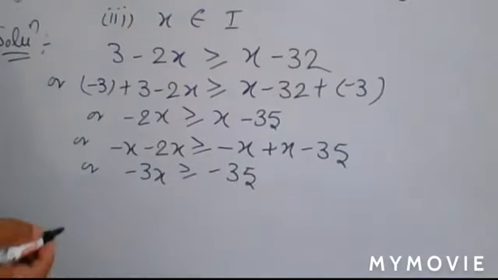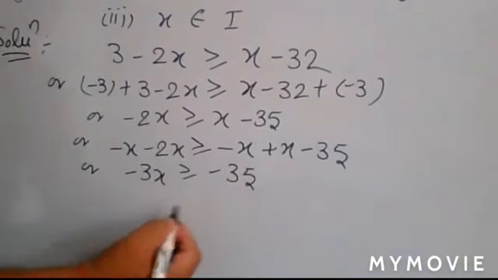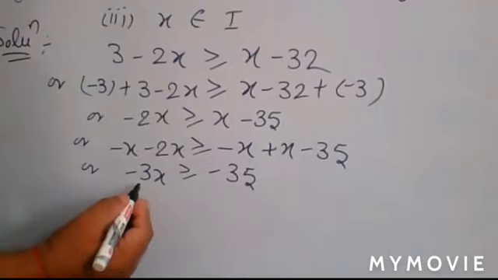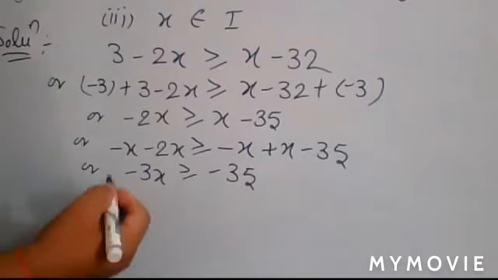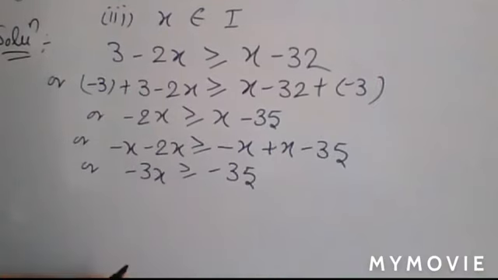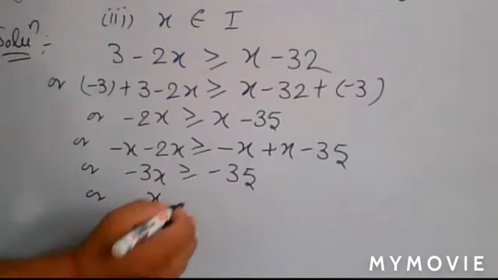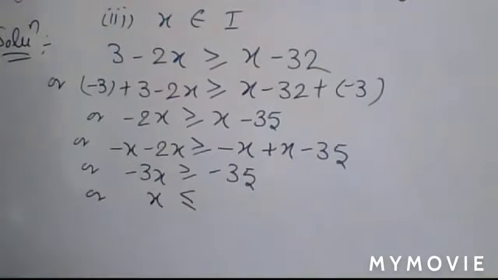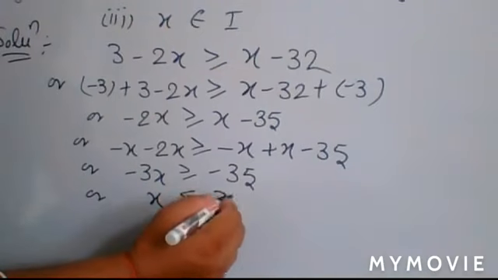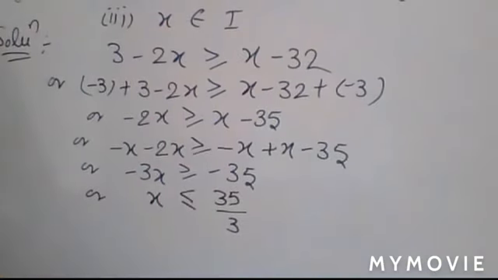After that, you divide both sides by -3. If you divide by a negative number, the sign of the inequality changes. So x is less or equal to 35 upon 3.